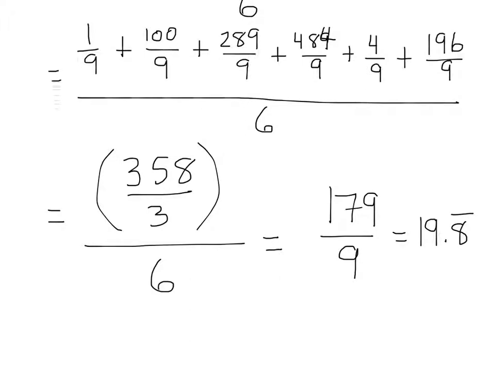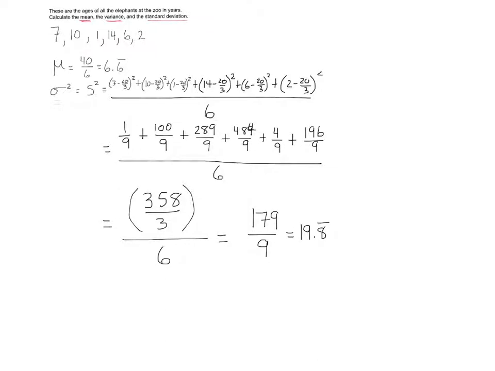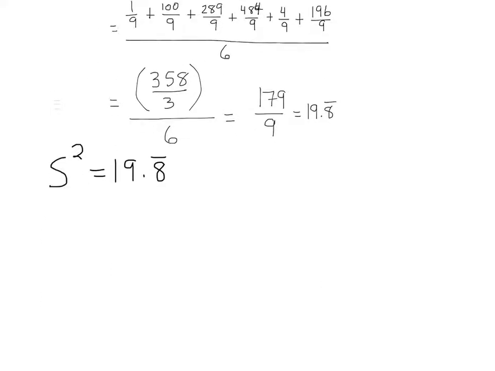Now, that number represents our what? Our variance. Say variance. So our variance, sigma squared, is 19.8 repeating.